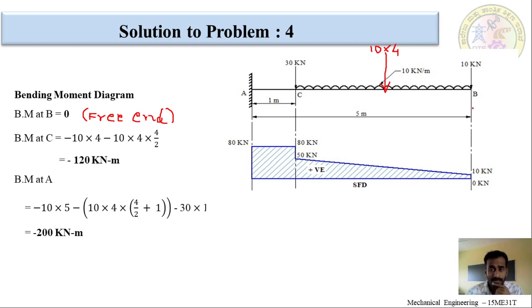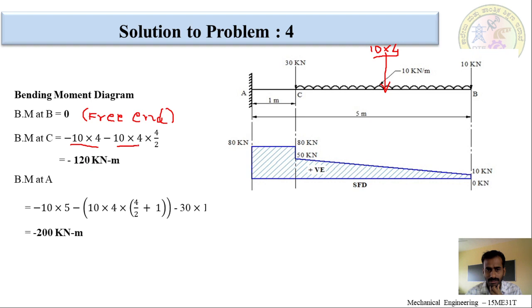So, first we will consider this point load, which is minus 10 into 4. This is the point load. As it is a hogging bending moment, we have to take a negative sign. Okay. Then this is the UDL replaced with the point load. So, minus 10 into 4 is the load value W.